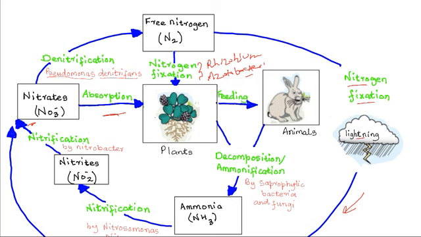So through nitrogen fixation, the free atmospheric nitrogen, whether in the atmosphere or in the soil, is converted into a form that can be taken up by plants. And this happens in two ways.